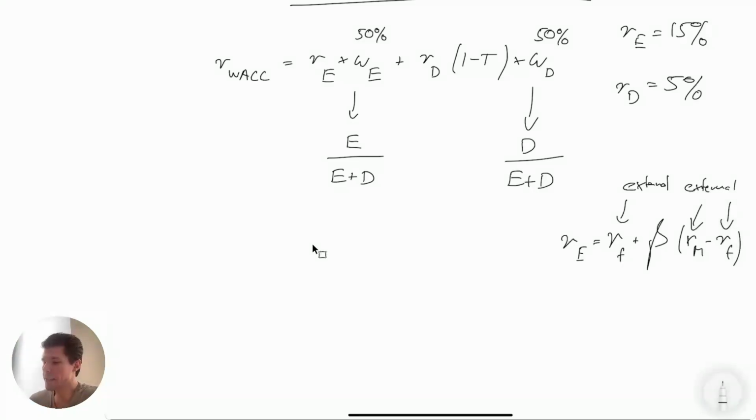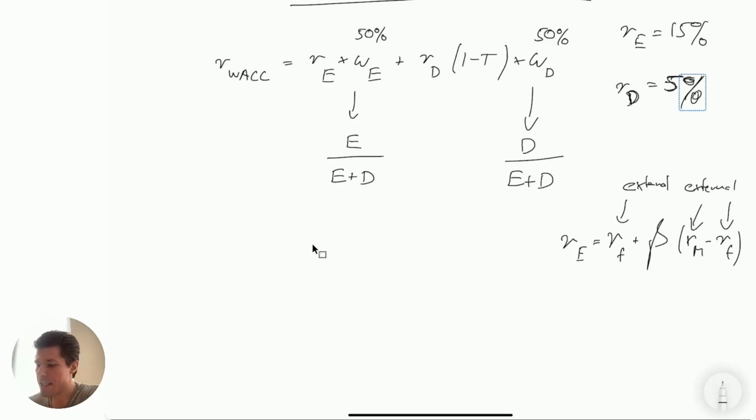But what happens if you take on more debt? Yes, you would change your proportion. You would go to 50, 60, 70 percent and so on, and you would decrease the equity portion. So you would shift towards your lower cost of debt, 5%.